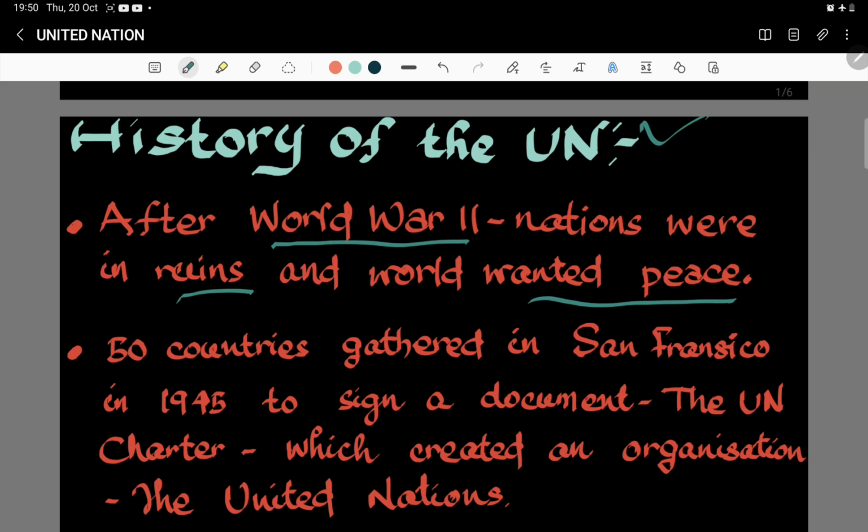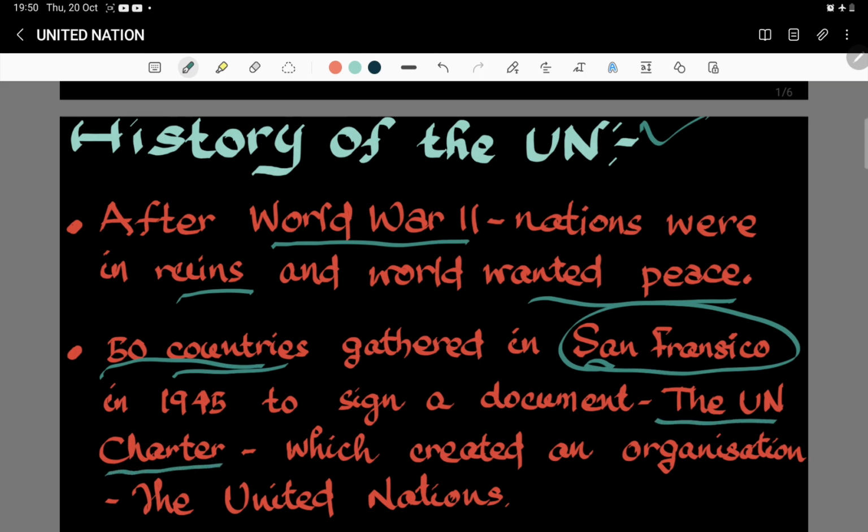In 1945, 50 countries gathered in San Francisco to sign a document called the UN Charter, the United Nations Charter, which created the organization, the United Nations. Where did they gather? The city is San Francisco, and it was attended by 50 countries.